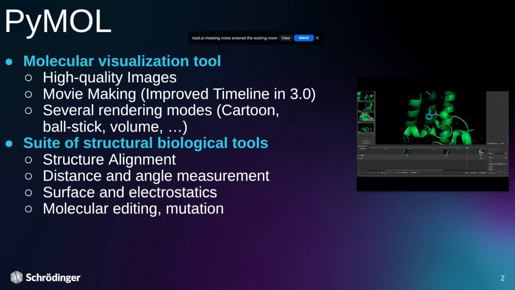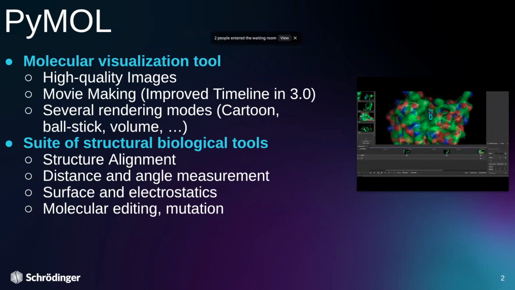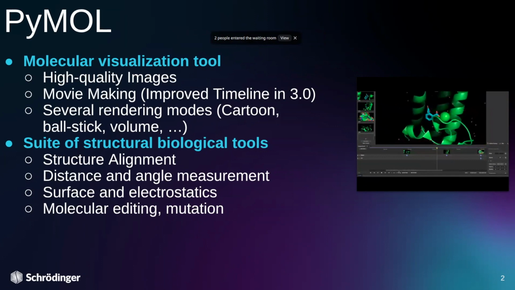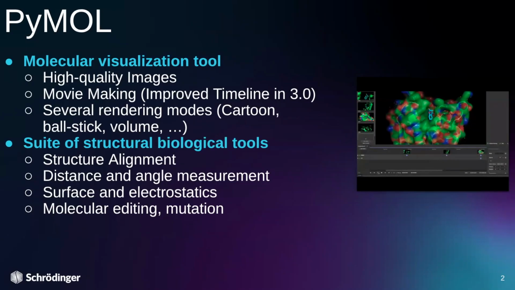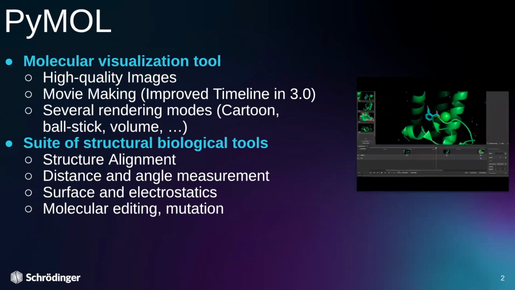We have several rendering modes. Everyone's familiar with the popular cartoon representations. We have ball and sticks, and volumes, which are one of our newer representations, which I'll show an example of in a second. We also have a suite of basic structural biology tools.